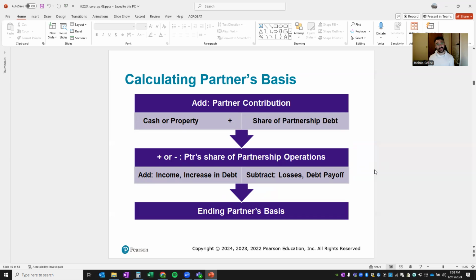And the increase in debt comes from the logic that because you have unlimited liability in this partnership, if you have debts as well, that should be treated as basis, right? If they can come after you potentially with unlimited capacity, increases in debt should also increase your basis. And then we subtract off losses and debt payoff, and that's how you get to your ending partner's basis.